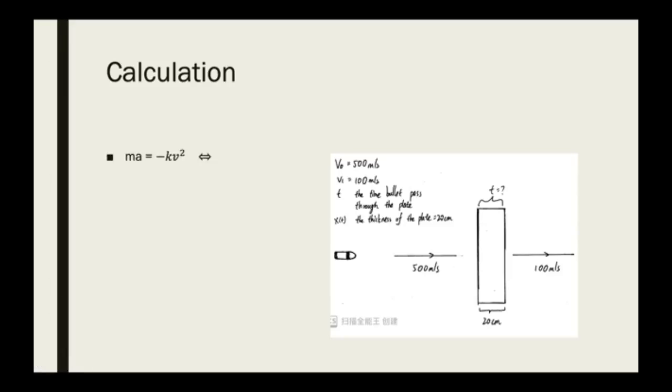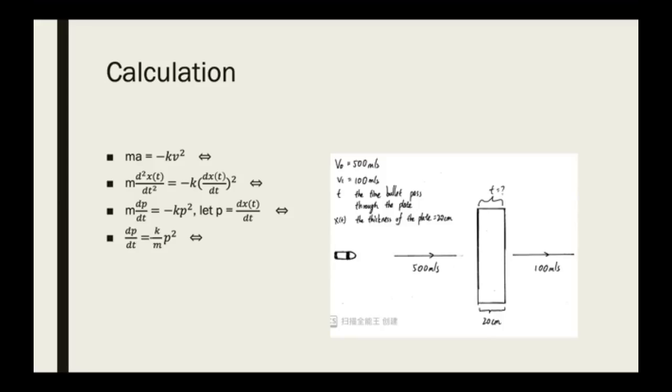Since x is the thickness of the plate, the second derivative is the acceleration and the first derivative is the velocity. So we can plug the velocity and the acceleration into this equation. Then we set a new variable p equal to the first derivative of x and create a new formula.